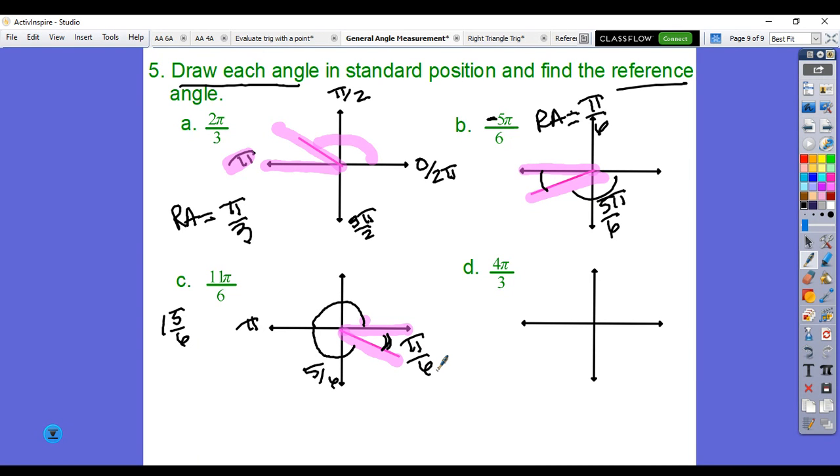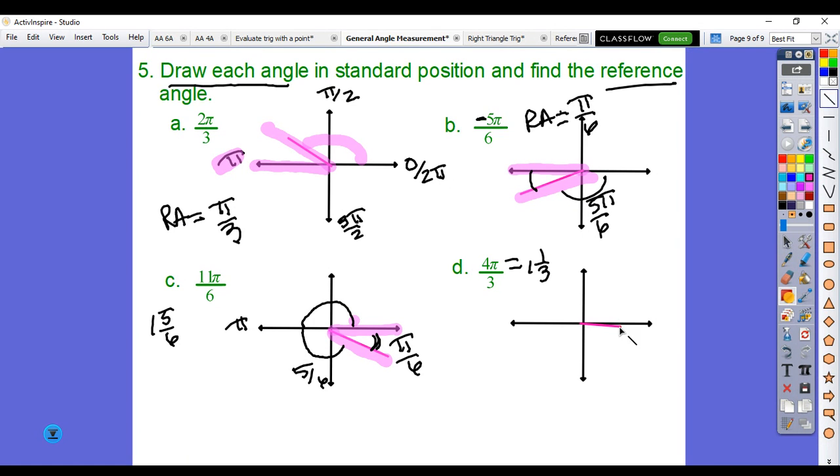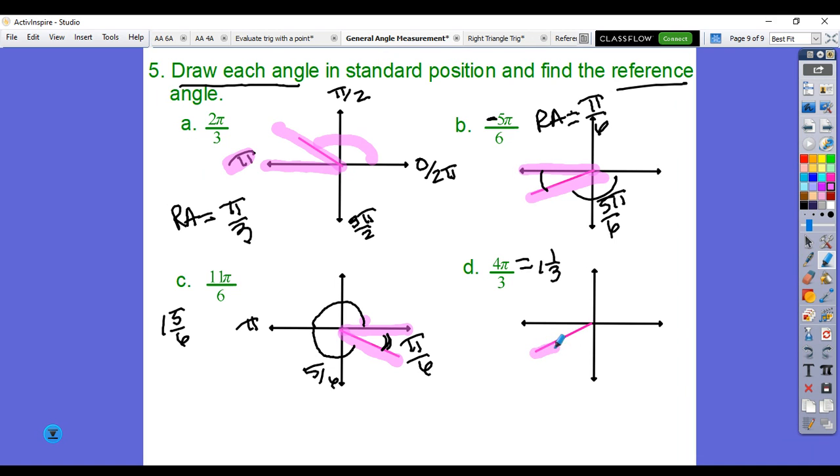Last problem. 4/3 is 1 and 1/3. So if we open this up, always starting at 0, I go all the way over to 1. I go past 1 by 1/3. Now this is important. Here is where I end. Here is my x-axis making my acute angle.